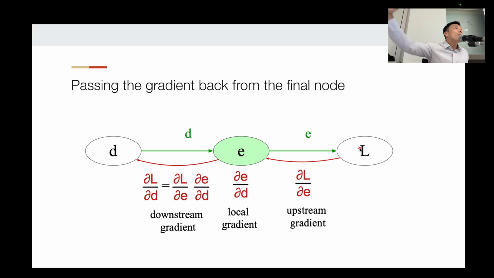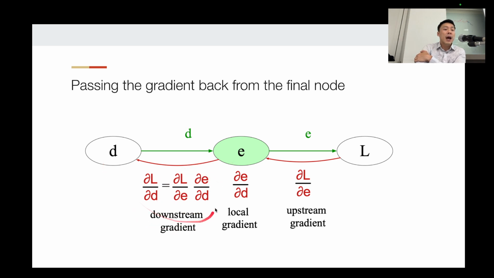Which means you pass the gradient backward in the computation graph. To take the derivative of this variable, you multiply the derivative that you pass back from all the way in front in the computation graph, through the parent node, and then back to the current node.